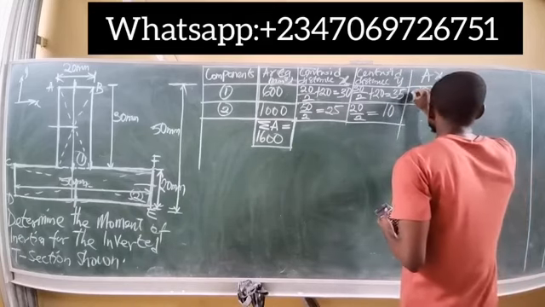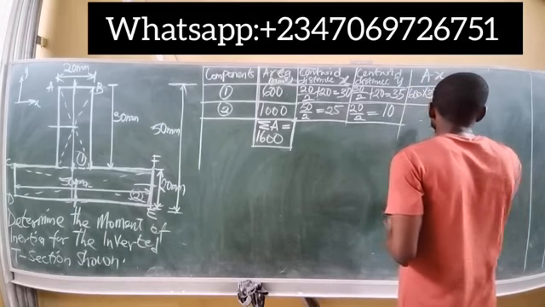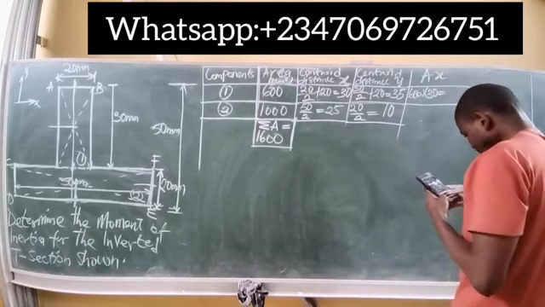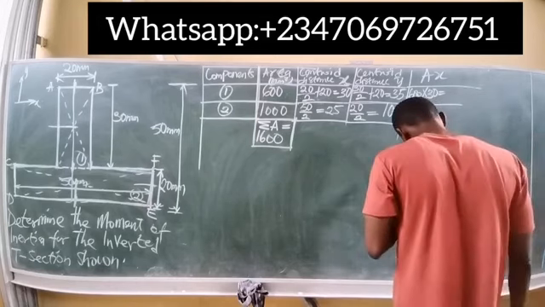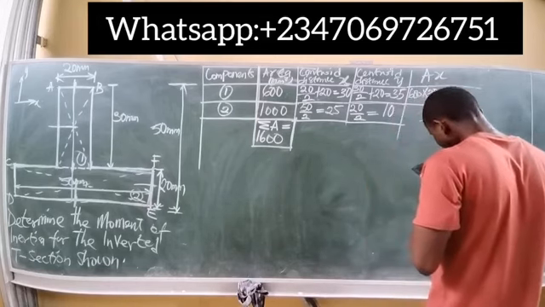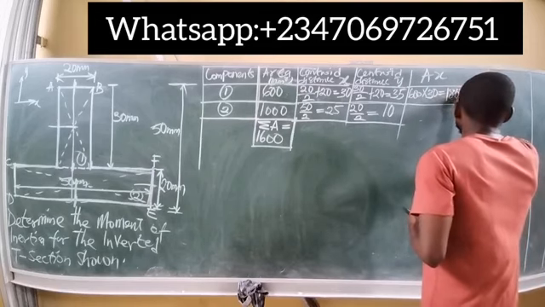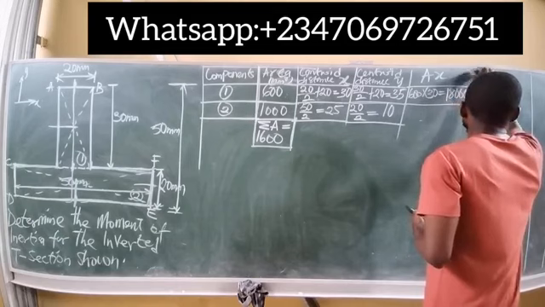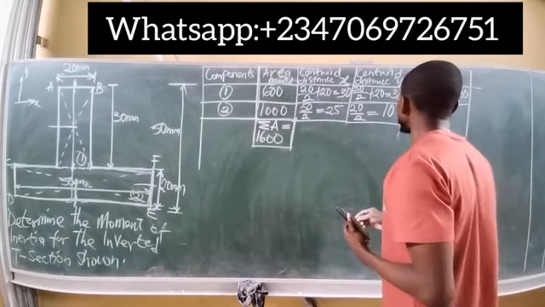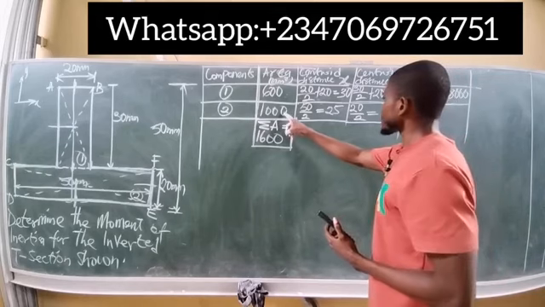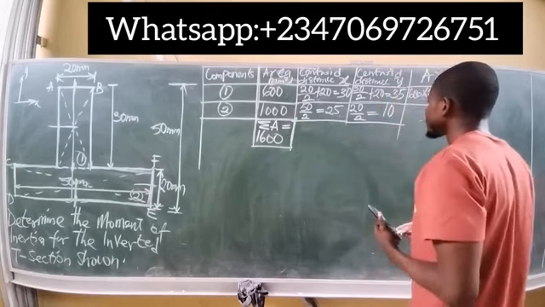600 by 30, and that simply gives us 18,000. The next is to obtain the product for the second shape, 1000 by 25. That's around 25,000.